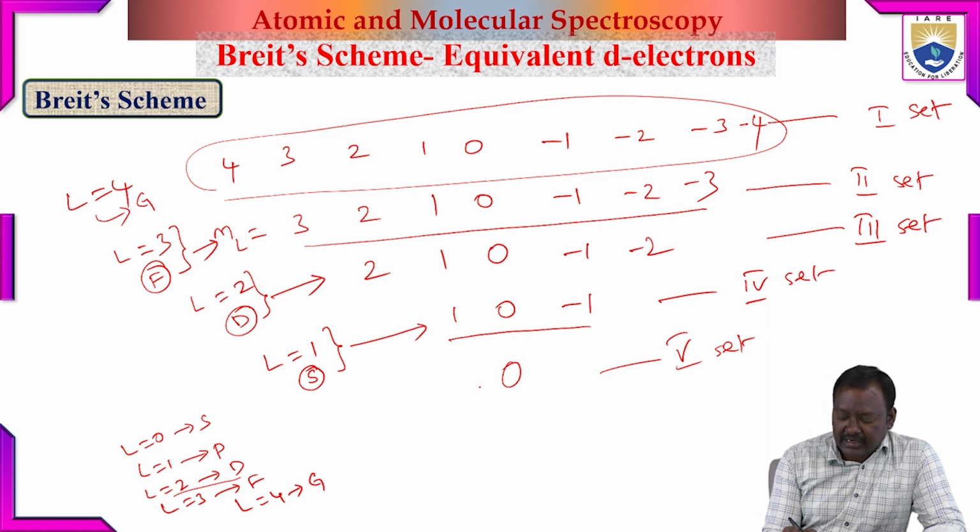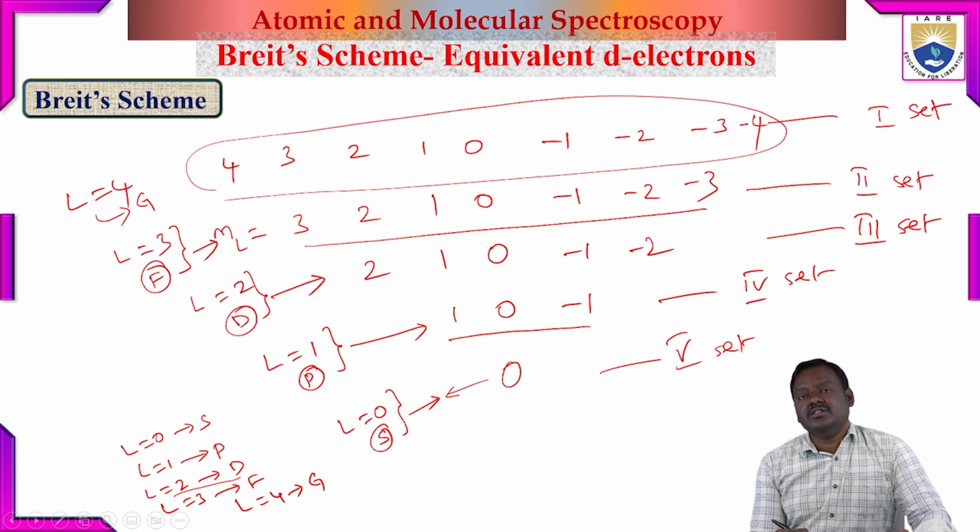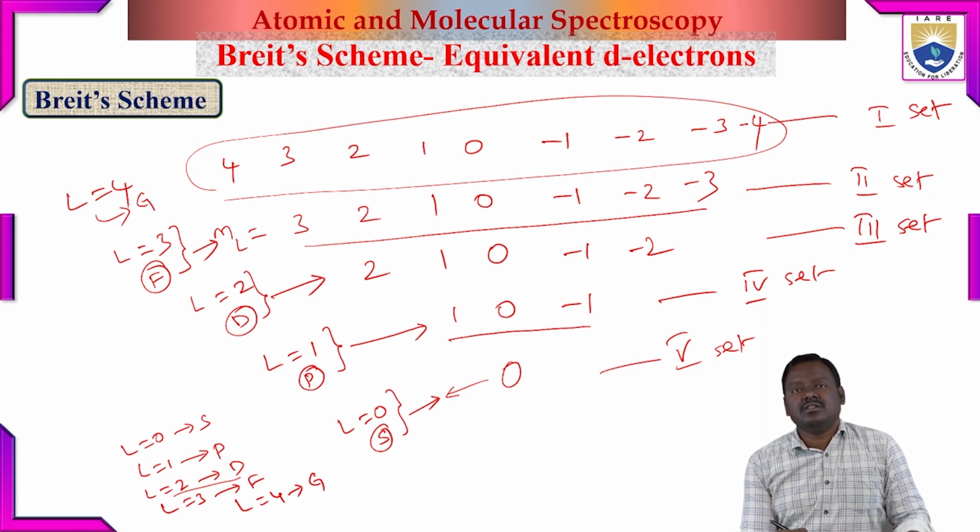And the fifth set, ML equal to 0, means the corresponding L value is 0. Here L equal to 0 means the spectral term is S. So S we are obtaining for the value ML equal to 0.